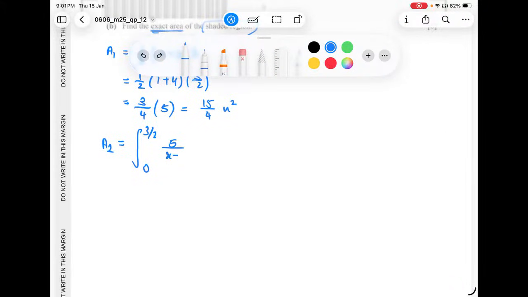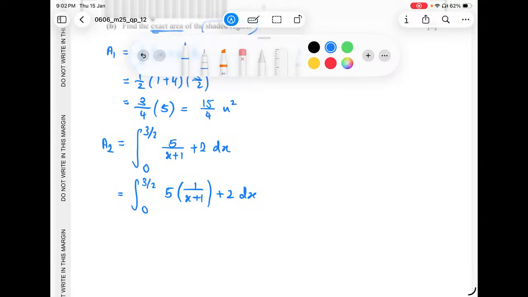5 over x plus 1 plus 2 dx. So now, you can write this as the integral from 0 to 3 by 2 of 5 times 1 over x plus 1, plus 2 dx.